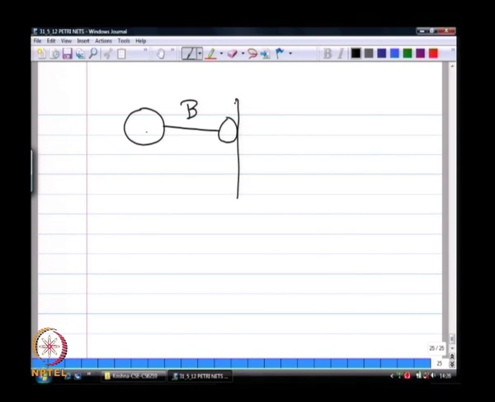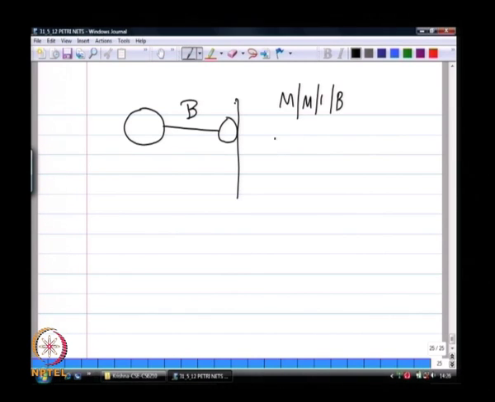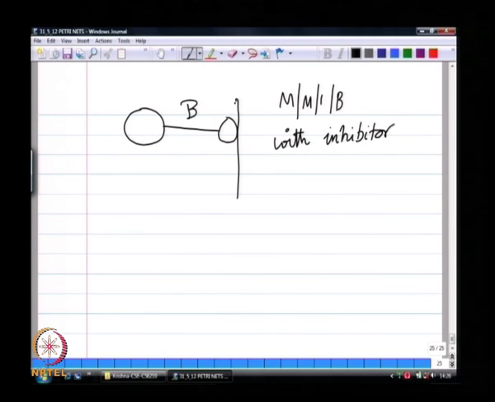If there are fewer than B packets, I can forward it for servicing. If there are more than B packets, I cannot forward this for servicing. How will I capture that? So how do we model MM1B with the inhibitor arc? Can we somehow capture that?